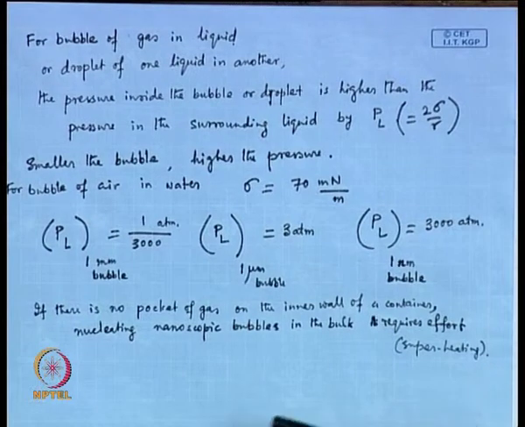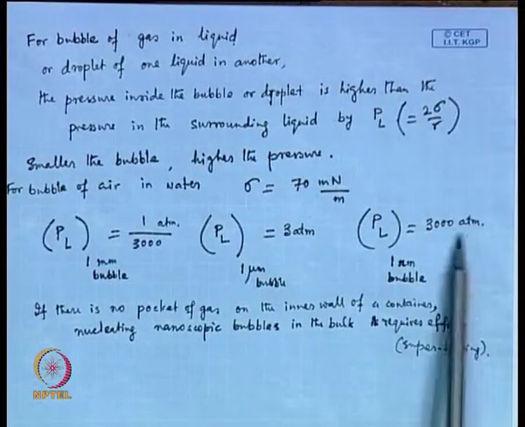What I try to write here is, if there is no pocket of gas on the inner wall of a container, suppose you want to boil water in a pot, and there is no artificial nucleation done, no such platforms present for nucleation, then if a bubble has to nucleate on its own inside the bulk of the liquid, it has to be a nanoscopic bubble.